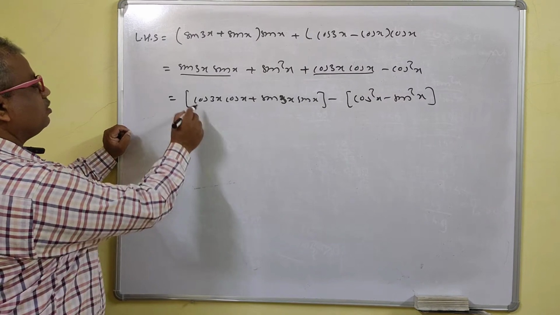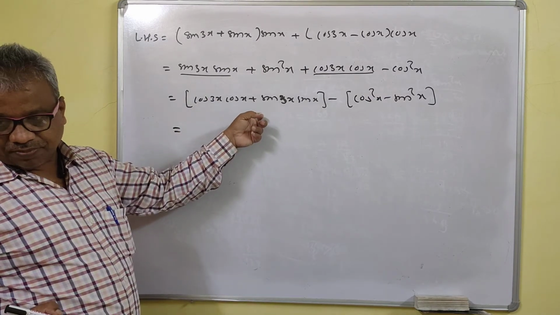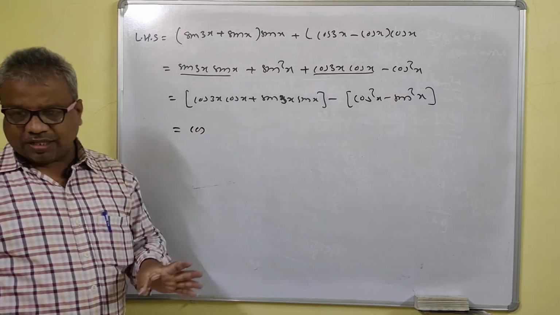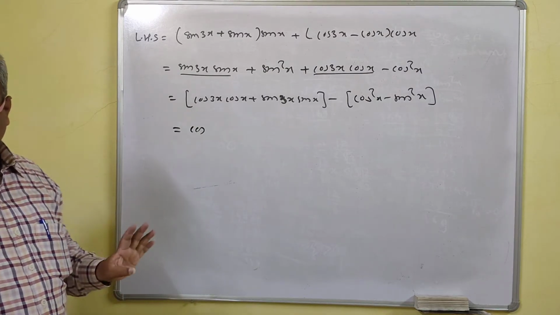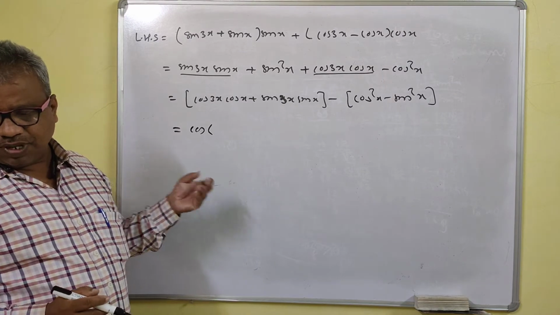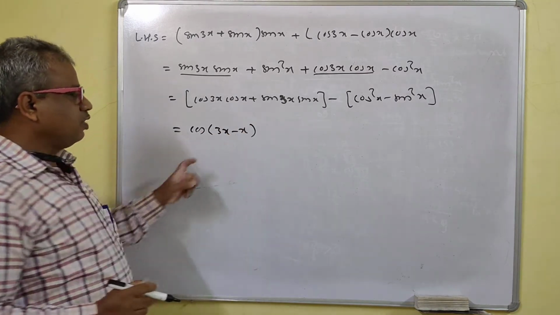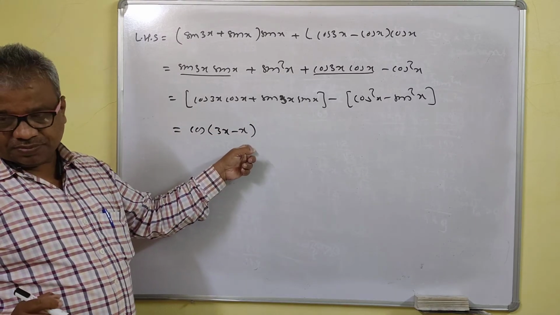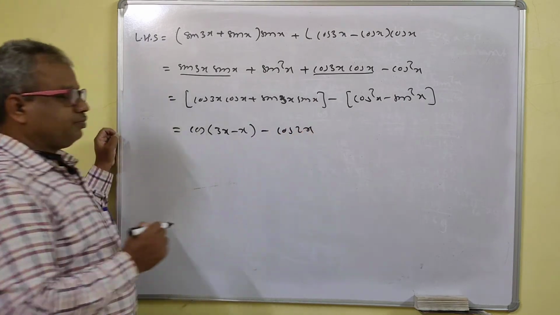Now what is this? This is the formula for cos of a minus b. You can take any a, any b, doesn't matter. So we take a greater angle as a and a smaller angle as b now, so that this is 3x minus x. This is the expansion of cos of 3x minus x, and that will be cos of twice x.